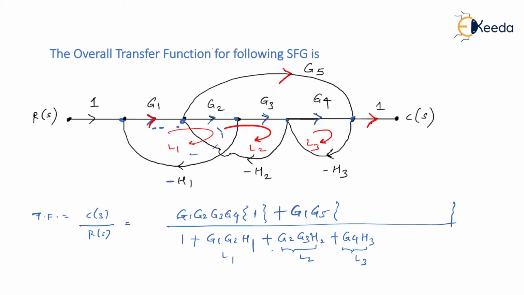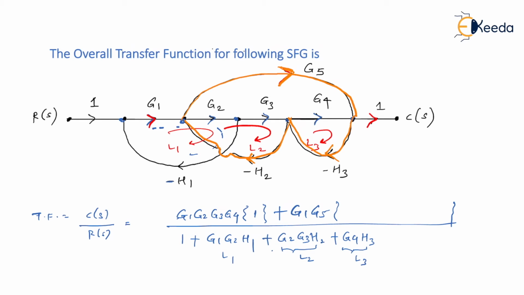Now the question is, do you find an extra loop? See carefully and let me know. Do you think there is an extra loop? If you observe carefully, I can take this loop also. Look at the way I'm highlighting. Can you see? This is also giving you a loop.